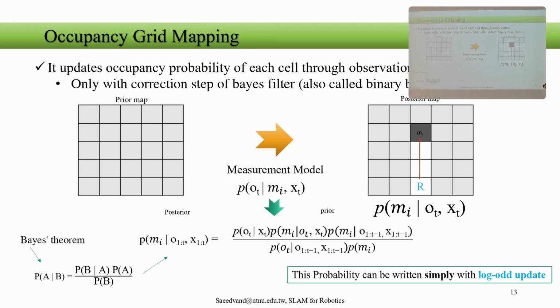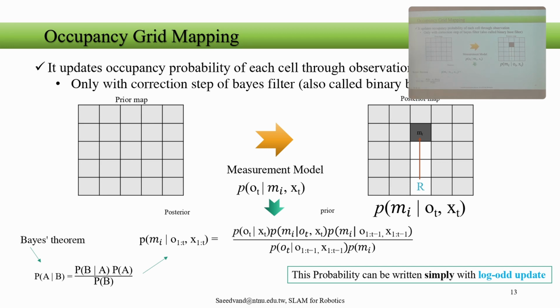First of all, we need to have a look at the Bayes theorem again. With the Bayes theorem we said that the probability of A given B is equal to the probability distribution of B given A times the probability of A over the probability of B. This is the simple and very famous Bayes theorem that we can apply to bring this calculation to the posterior map.